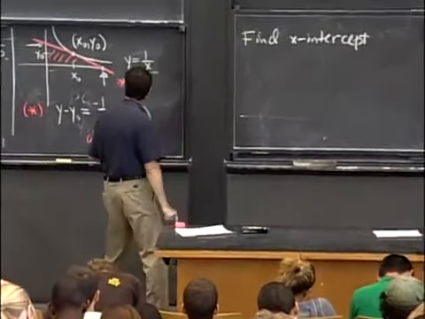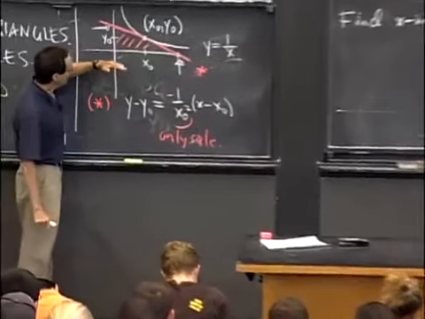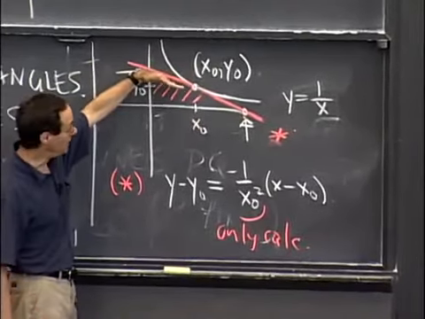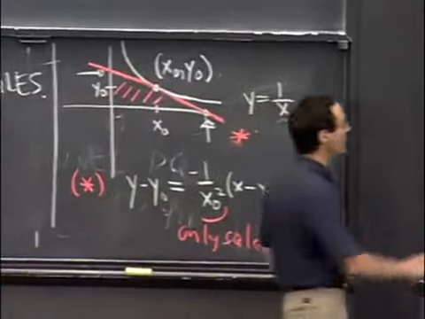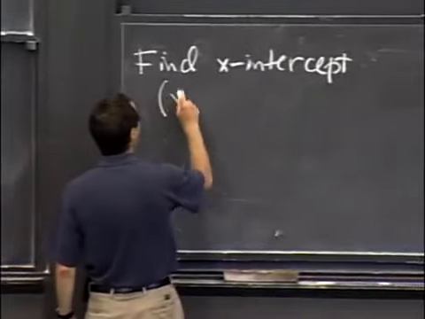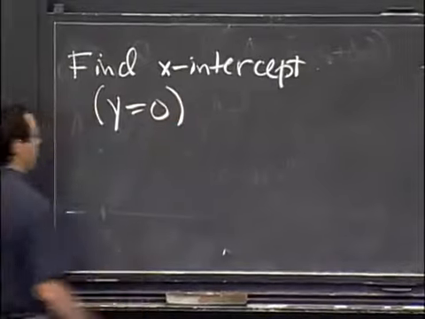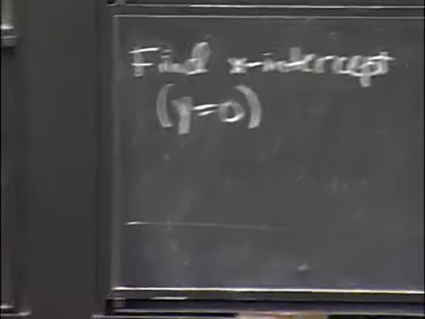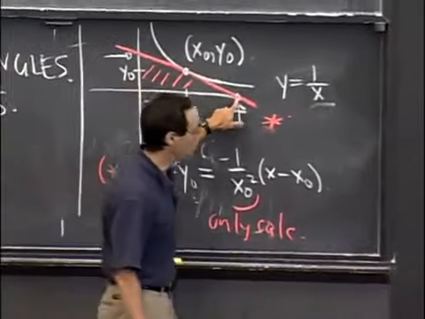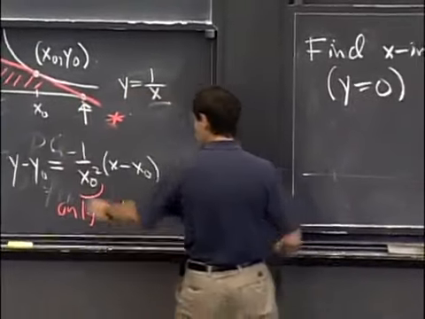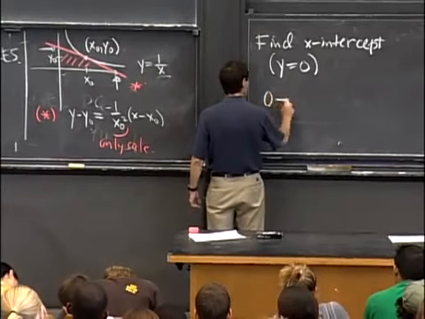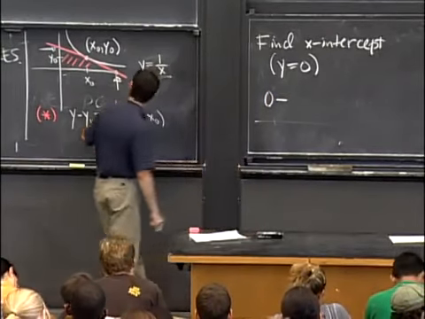So to do that, what we need to do is to find where this horizontal line meets that diagonal line. And the equation for the x-intercept is y equals 0. All right? So we plug in y equals 0. That's this horizontal line, and we find this point. So let's do that into star. So we get 0 minus, oh, one other thing we need to know.